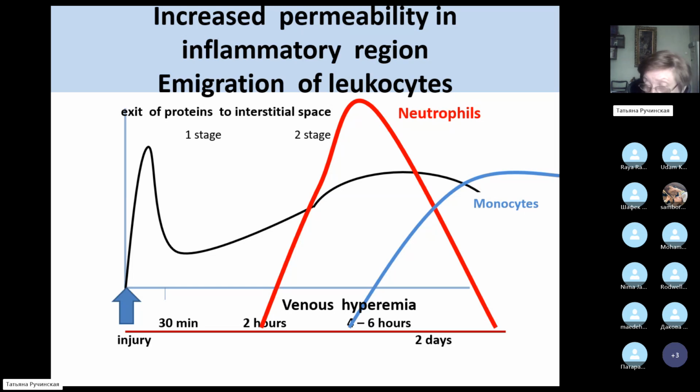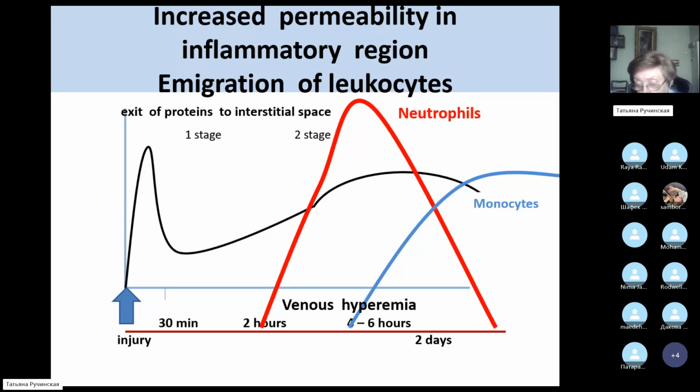Except these chemotactic factors, maybe bacteria or any other injurious agent appear in the zone of inflammation, which can attract neutrophils. So neutrophils begin to come out from the vessels into the interstitial space.